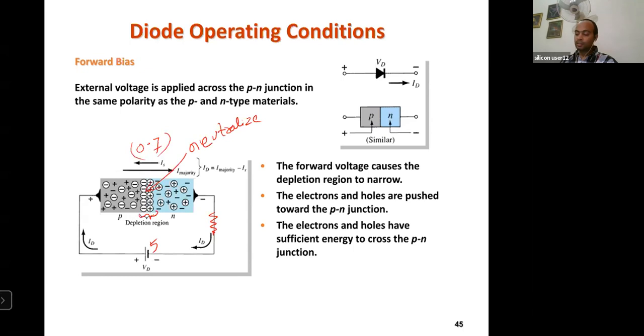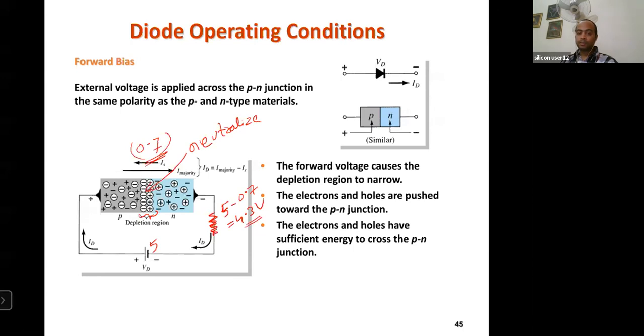The rest is obviously 5 minus 0.7, which is 4.3 volt, and it will be available for the rest of the circuit. So in my circuit, let us say I have one PN junction diode and one resistor. The diode will utilize 0.7 volt to neutralize the depletion region, and 4.3 volt will be available in the rest of the circuit. That means across this resistor, it will have 4.3 volt.